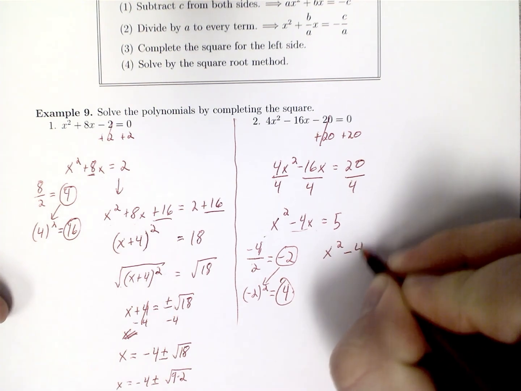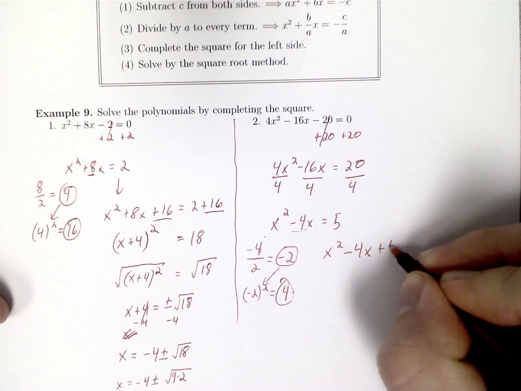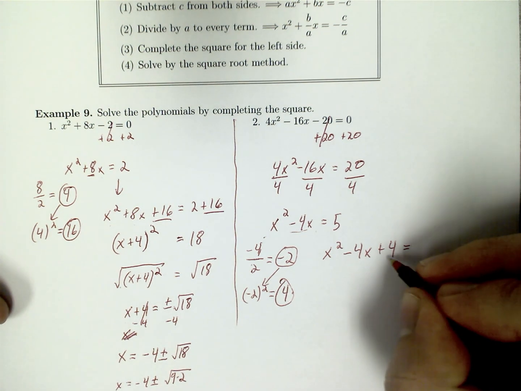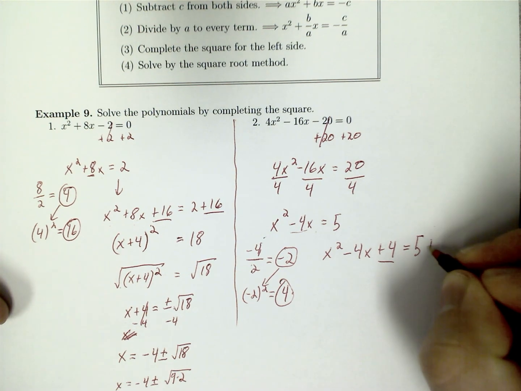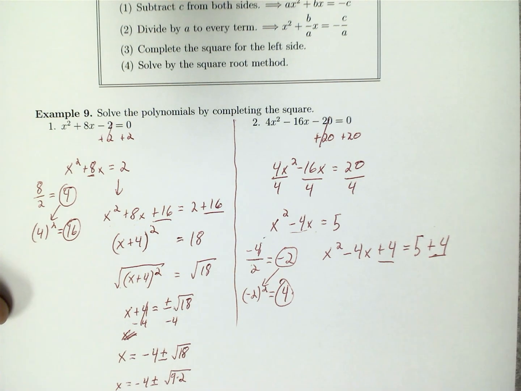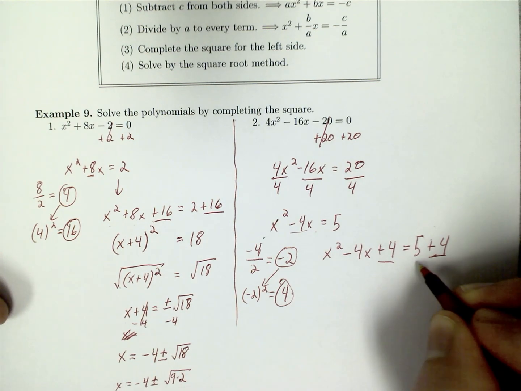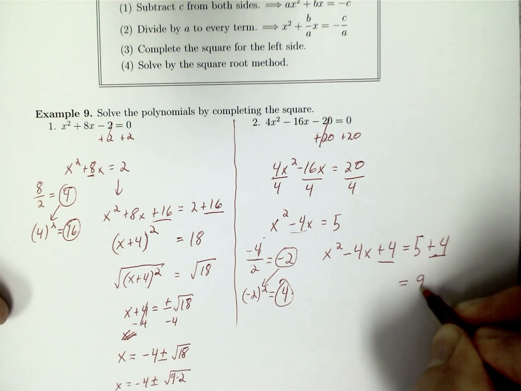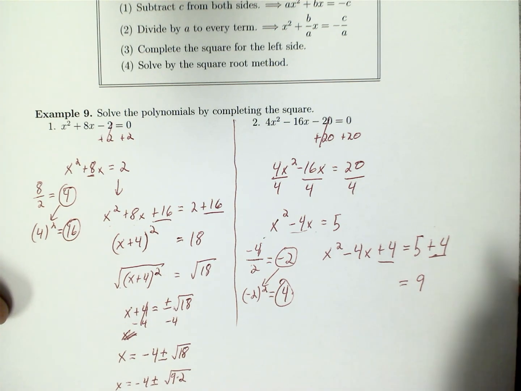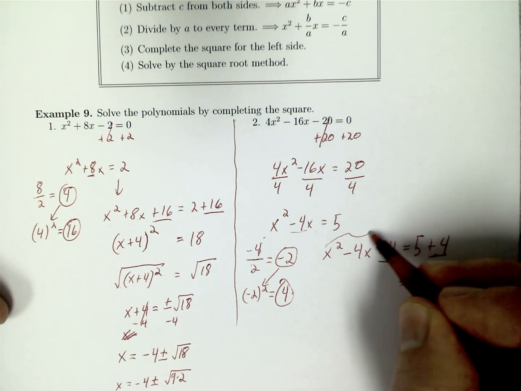So x squared minus 4x, we're going to add 4. On one side we add 4, and to the other side we add 4. And when we do this, the right side is going to be 9. What is x squared minus 4x plus 4? Well, this is now a perfect square.